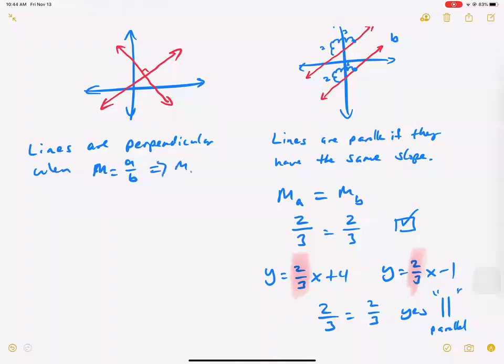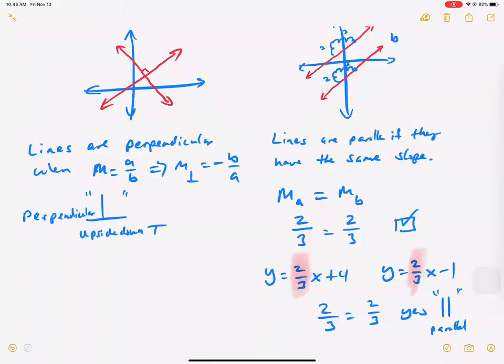The m perpendicular, look, perpendicular means it's an upside down T, this symbol, is negative b over a.